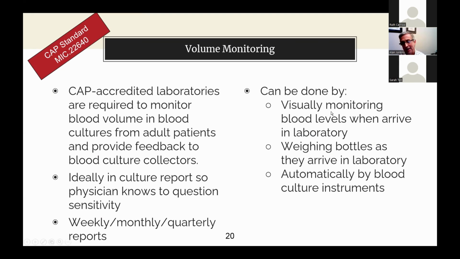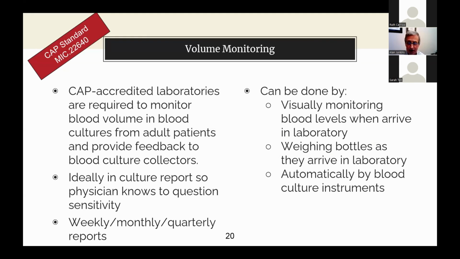To do that, we used to visually monitor blood levels. We'd take the bottles when they come in, look at them, and compare them to a bottle that we had added 5 mils of blood to, or 8 mils of blood to, and compare them side by side. Pain in the neck, and we couldn't do it now when we are off campus and we have couriers that bring in bags of 40, 50 blood culture bottles at one time.